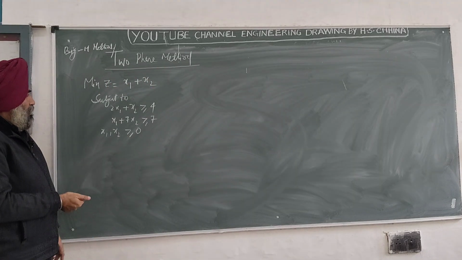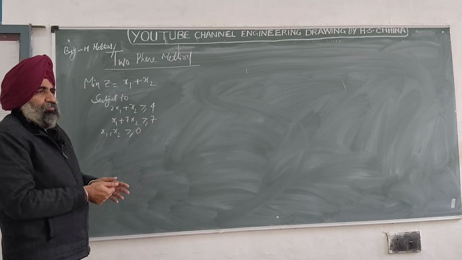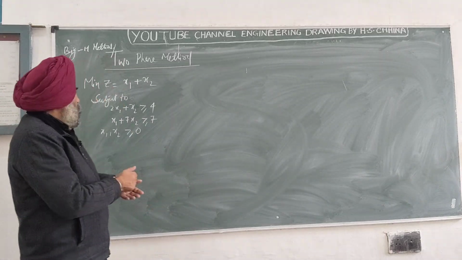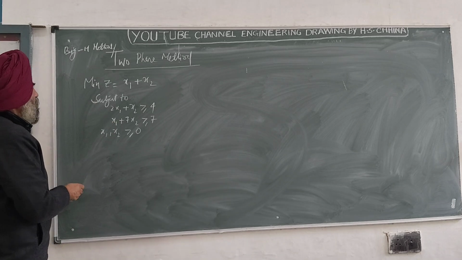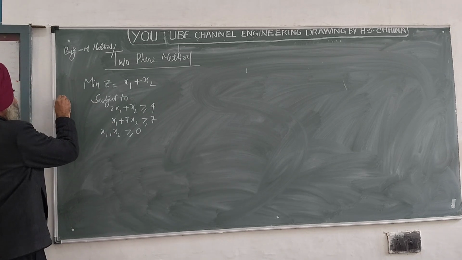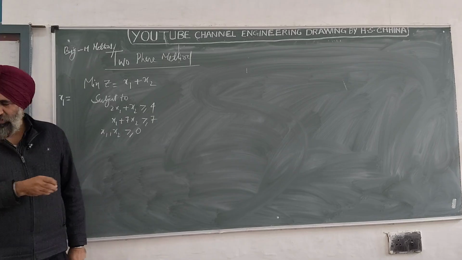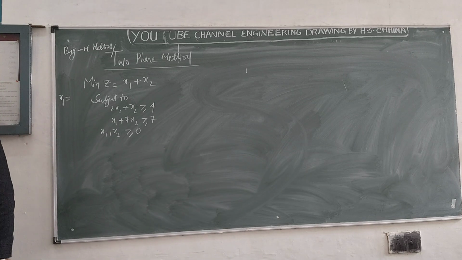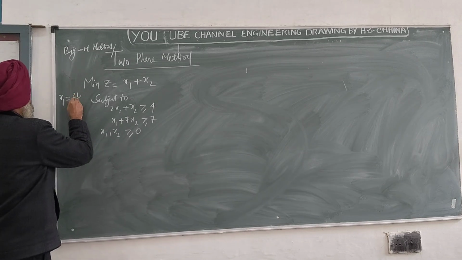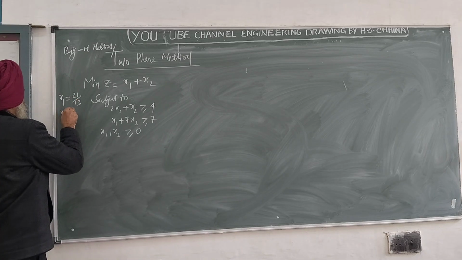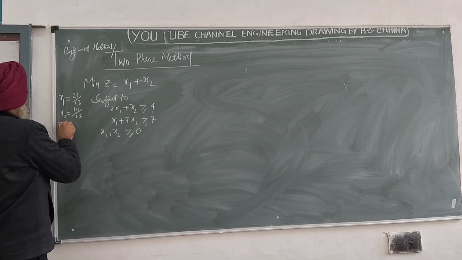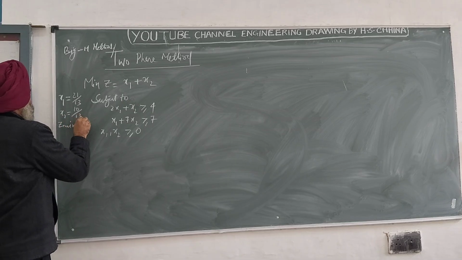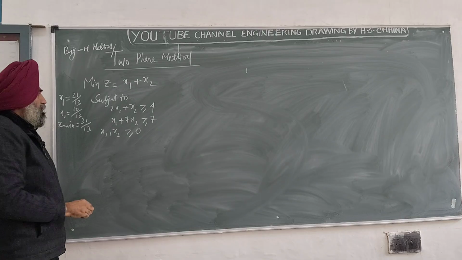Whatever results we get with the big M method, we will get the same result with the two-phase method. What were the results yesterday? If you recall, x1 was 21 by 13, x2 is equal to 10 by 13, z minimum was 31 by 13.